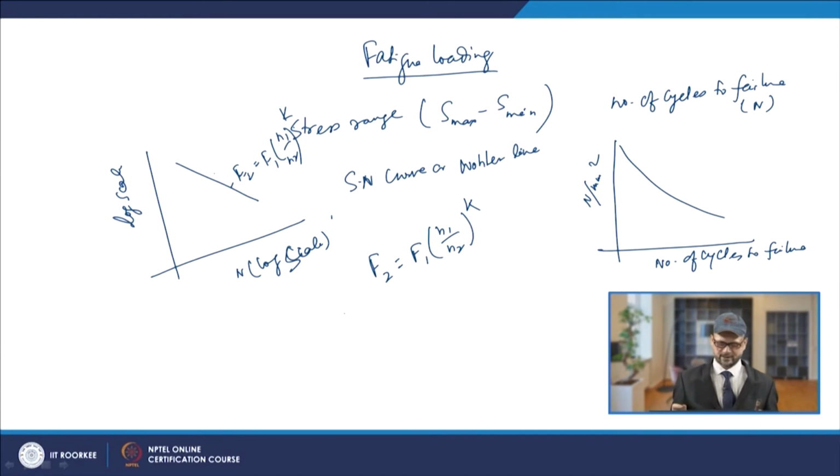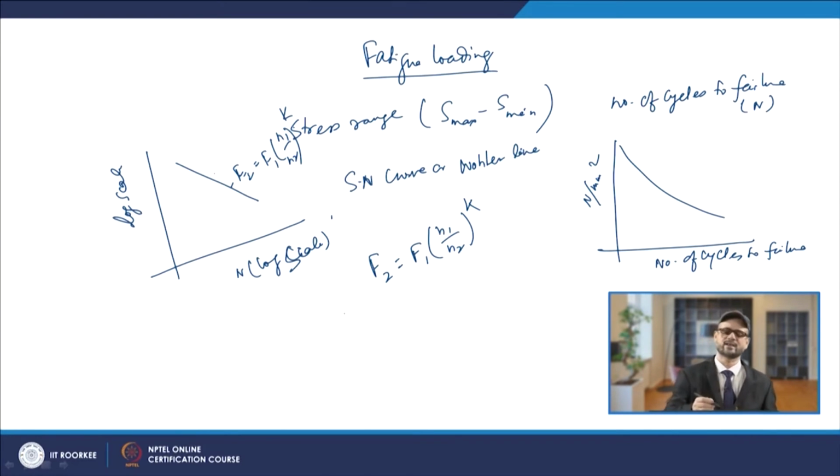F1 is the fatigue strength for N1 number of cycles, and F2 is for N2 number of cycles. F2 is the stress, that is S max minus S min, for failing in N2 number of cycles.